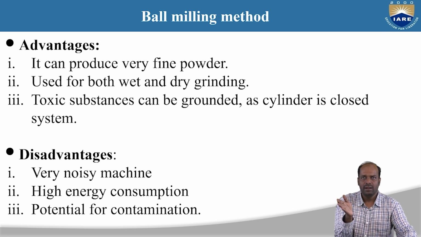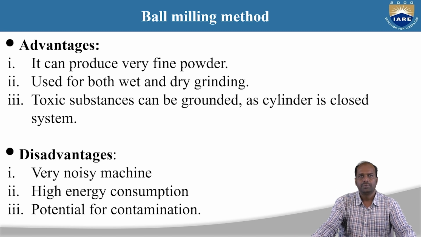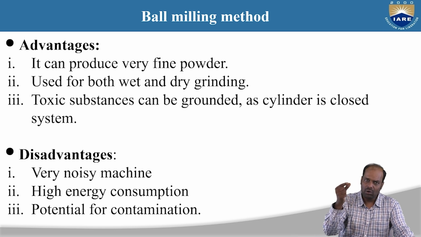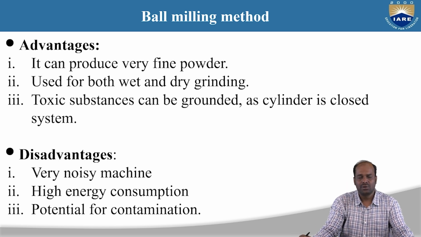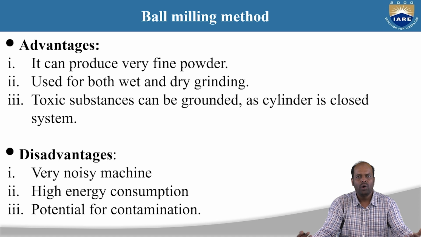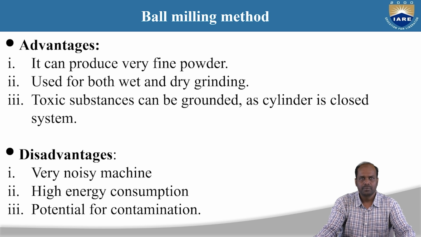Both ways we can grind the bulk material and cut it into powder form. It can be useful even for toxic substances. We can grind them into better nanoparticles, and as the cylinder is a closed system, there is no environmental effect, because the ball milling method is a closed system.